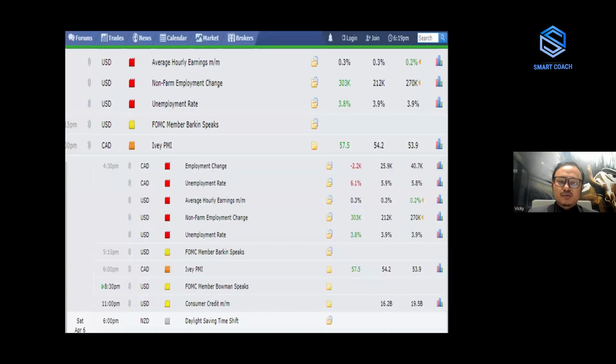So let's see. Now you can see this page, and you can find it on forexfactory.com. The people who are trading already know the importance of this website.